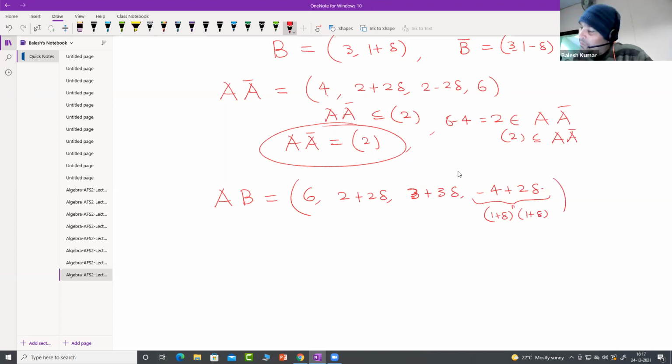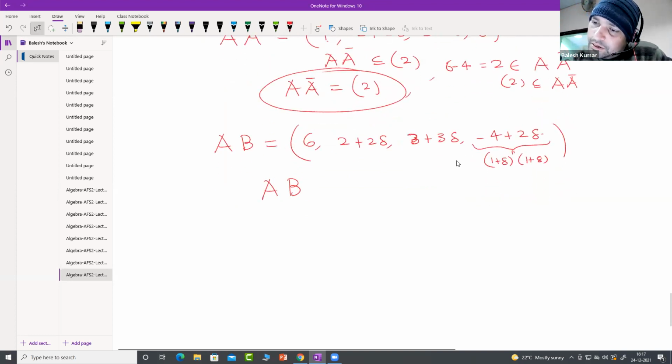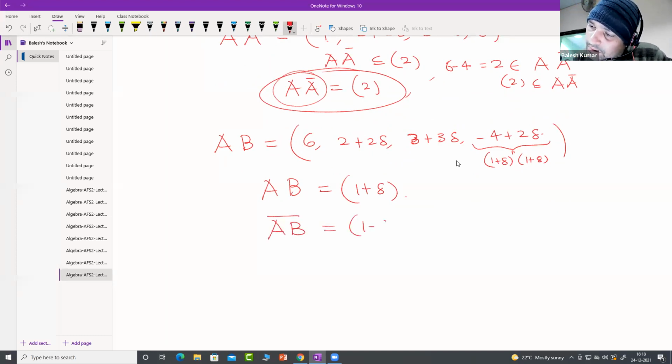Here also, similarly, one can prove that this ideal AB is precisely the principal ideal generated by the element 1 plus delta, and the similar argument that I gave here will work for 1 plus delta. And also one can prove that the conjugate of this will be generated by 1 minus delta, and B B bar is the principal ideal generated by, let's say, 3.